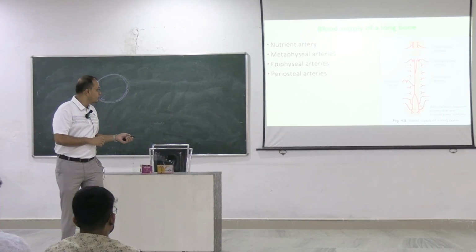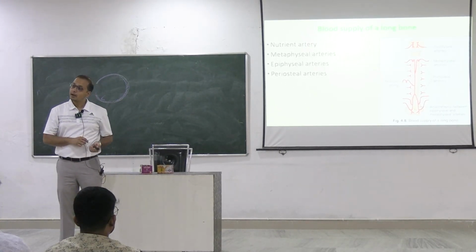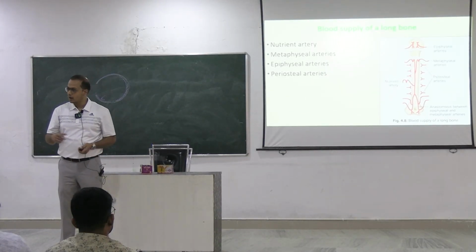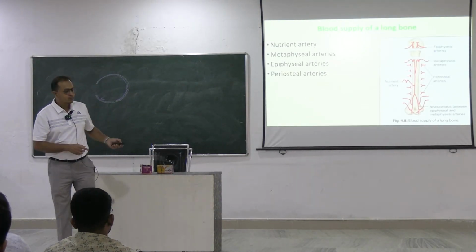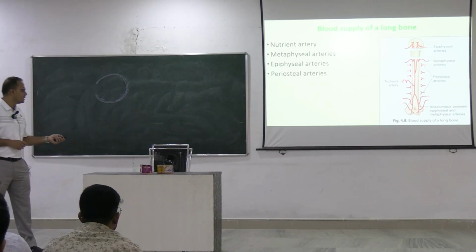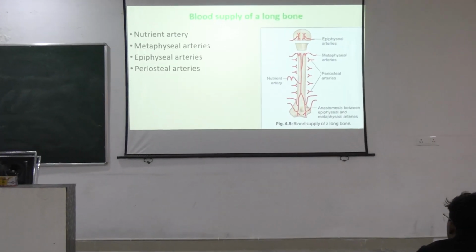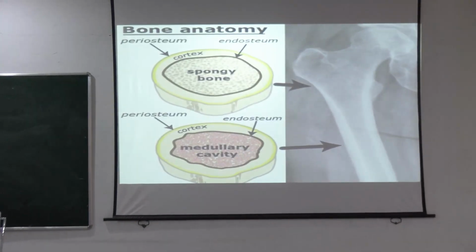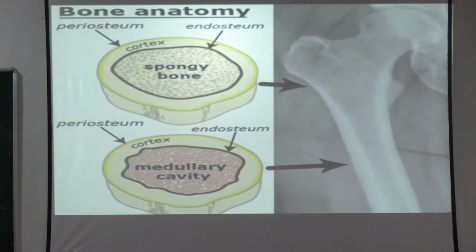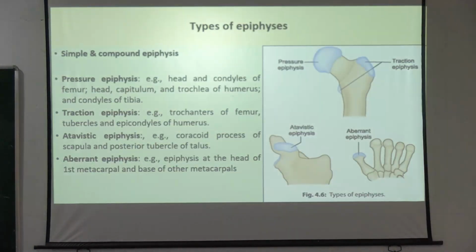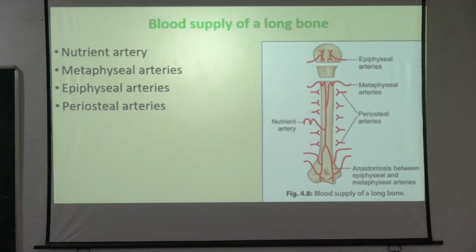That particular opening we call the nutrient foramen. Through that nutrient foramen, the nutrient blood vessels, artery and veins, run here. So this nutrient artery comes in at the middle portion of the shaft. Once it penetrates the cortex, you understand this cortex, right? The outer bone table it pierces, then it reaches inside and splits.